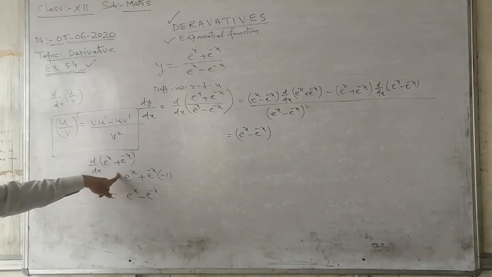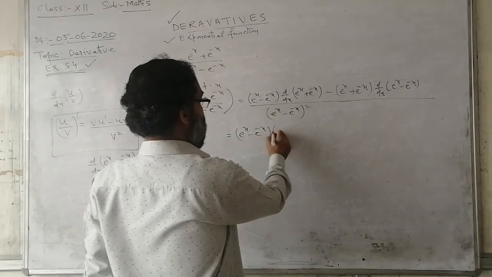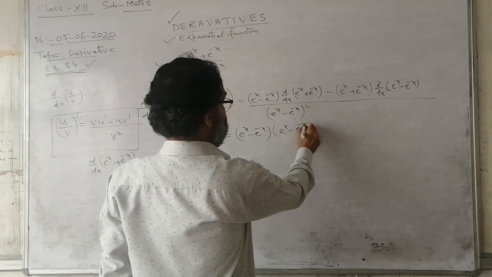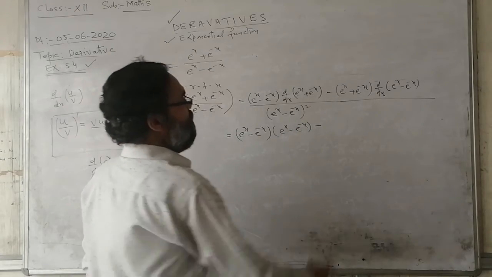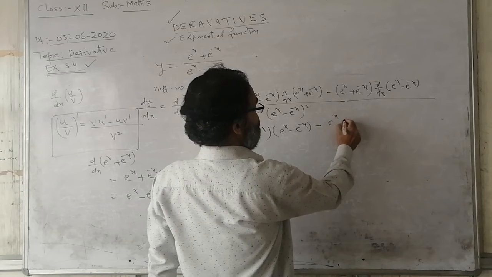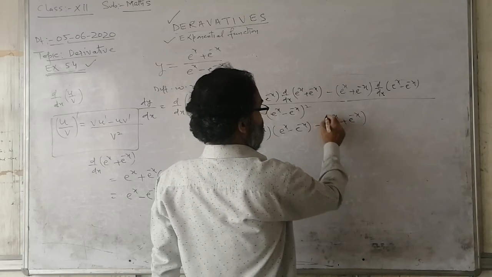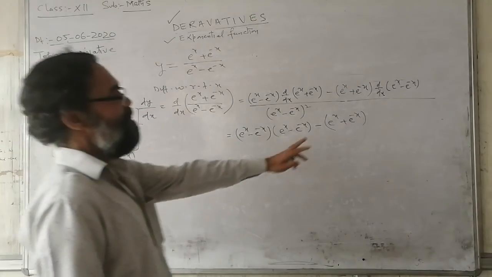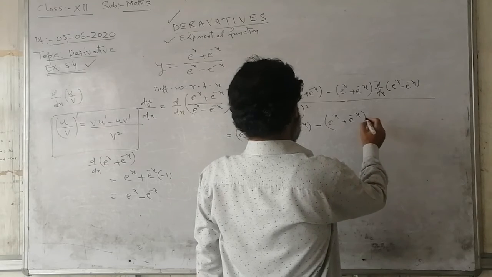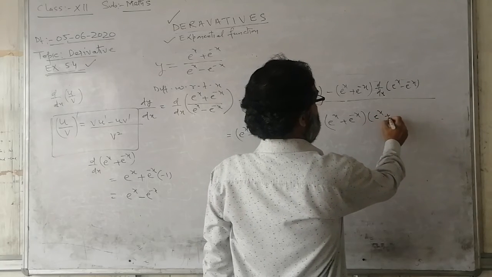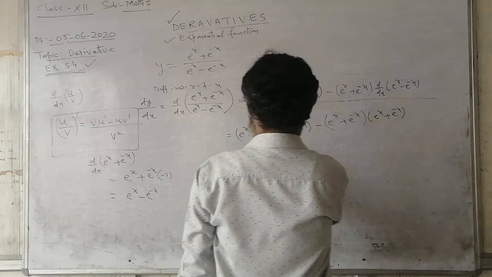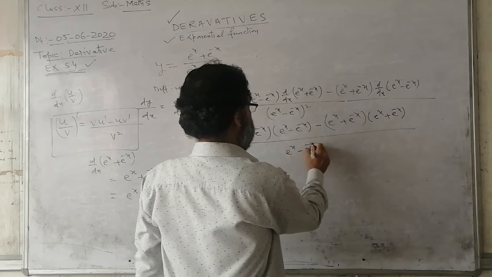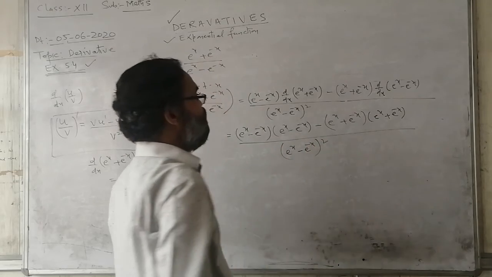So this is the derivative of this. So I will write here (e^x + e^-x) times (e^x + e^-x), minus (e^x - e^-x) into the derivative of the denominator, which is (e^x - e^-x), upon (e^x + e^-x) its square.